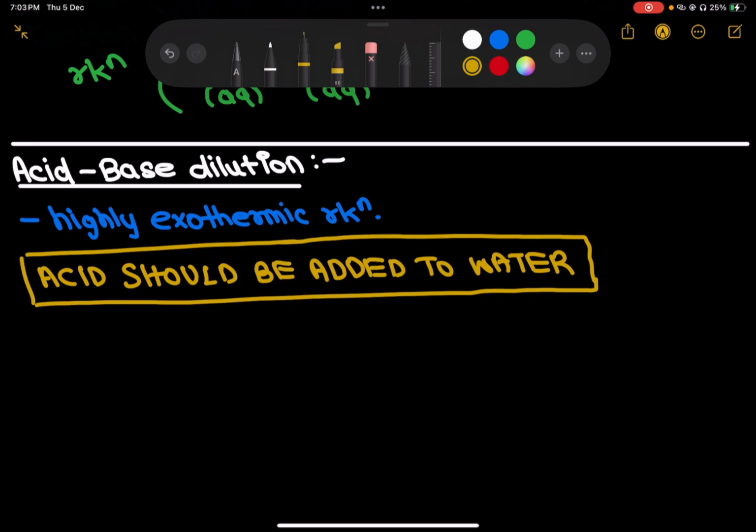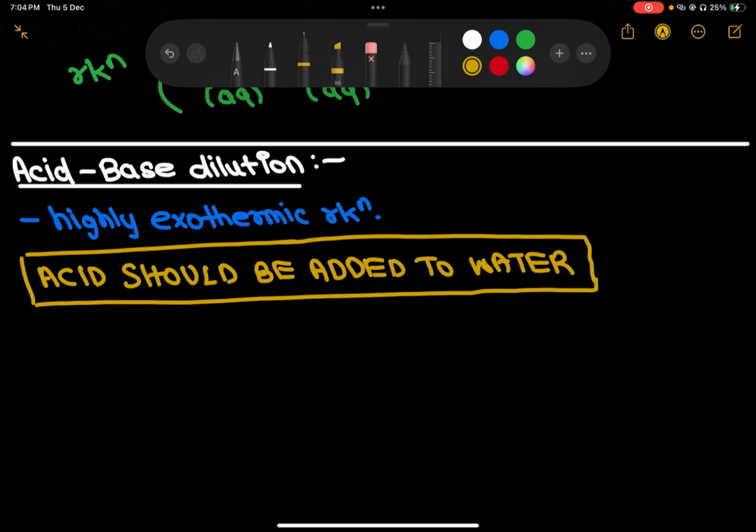So what is the reason behind this? I didn't just say it randomly. What exactly is the mechanism? When acid is added to water, as I said, it is a highly exothermic reaction, so a huge amount of heat is produced.